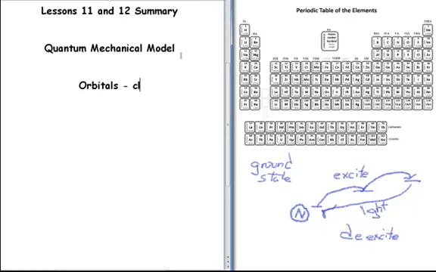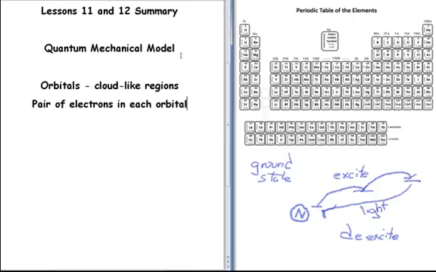These orbitals are cloud-like regions, and in those cloud-like regions a pair of electrons can live in each orbital. Each orbital requires a certain amount of energy. The electrons have to have a certain amount of energy to live in that orbital. And the farther away that you get from the nucleus, that energy requirement increases.